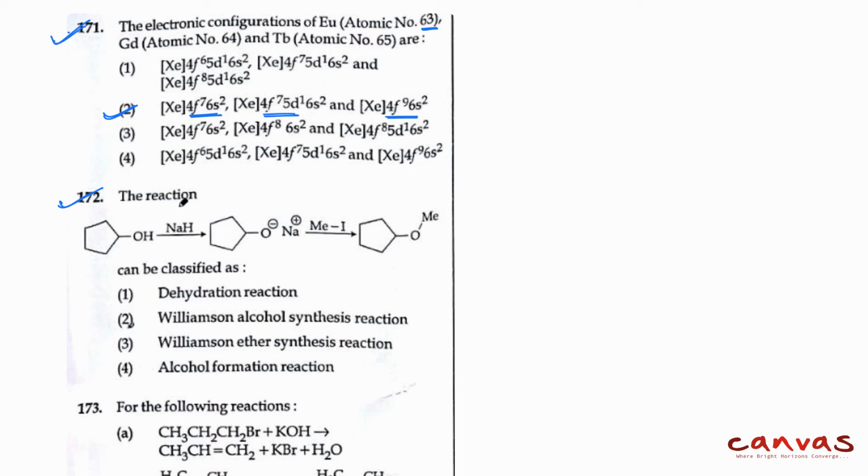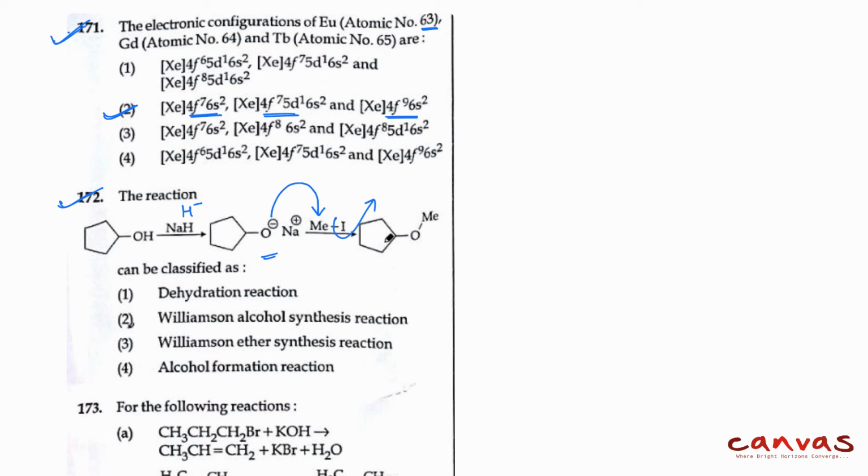172nd question. Now this NaH is a very strong base, a hydride ion, so it forms this nucleophilic species. Now this nucleophilic species is going to attack on this methyl part, and I negative will be displaced.